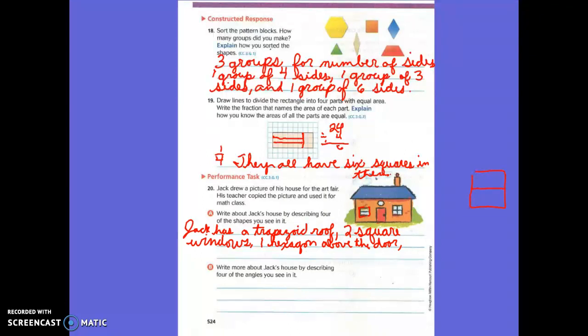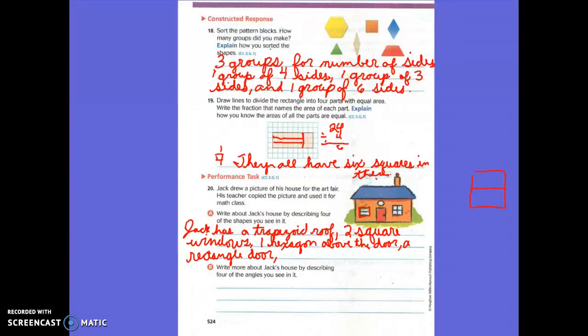Callie? A rectangle door. If you start running out of room, we only needed 3 or 4 of the shapes you see in it. Okay, so we do have 4 now, but we can keep going.